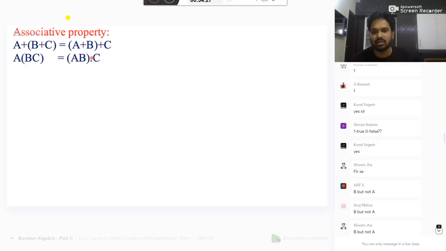What is the advantage, sir? Listen, I will explain this later, but just for continuity, I am drawing the figure. This figure, everything, we'll discuss next. If you take an OR gate, you do A plus B here, and at the output you connect C. What is the answer? A plus B plus C. Now you take A first and here BC.